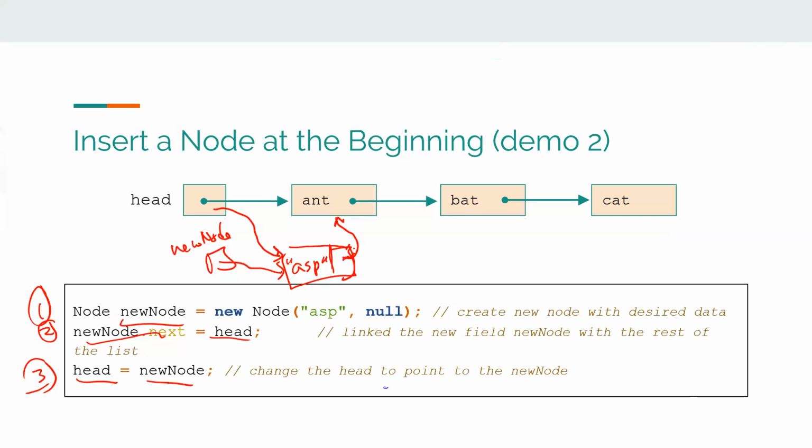Yep. That's a shortcut, good. Glad you asked, Katya. You could combine steps 1 and 2 together. If you just put head right here, when you create the new node, you can initialize it with a reference to the first node of the existing chain.